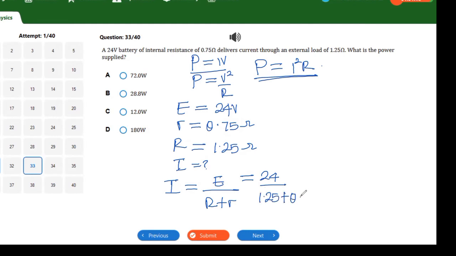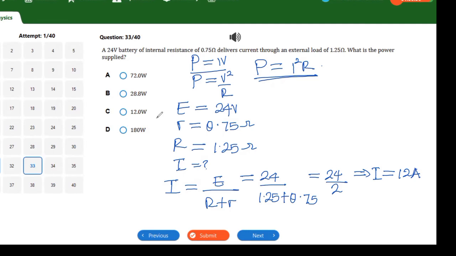Plus 0.75. So that will be 24 all over 1.25 plus 0.75. That gives us 2. So that implies that our current I is equal to what? 12 amp. So we have gotten our current to be 12 amp.